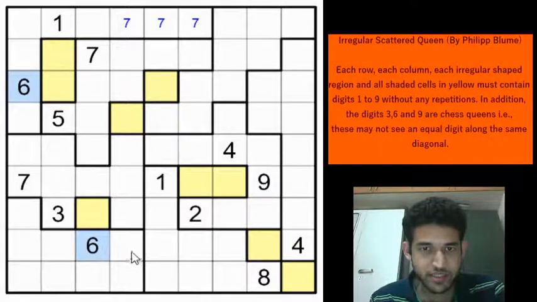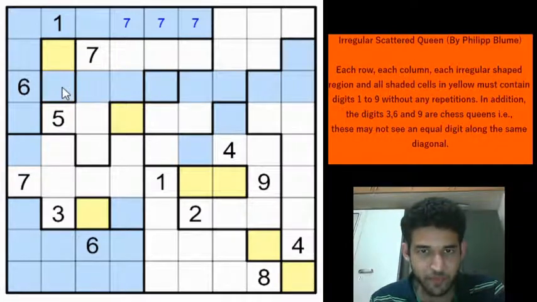So if you consider this 6, it cannot be present in any of these cells, right? Also it cannot be present in any of these cells because this is in the same region, so it can't be here, and this 6 cannot be anywhere here, and it also can't be in diagonal direction, right? So for this 6, if you go along the diagonal direction, it can't be anywhere here and it also can't be here, right?